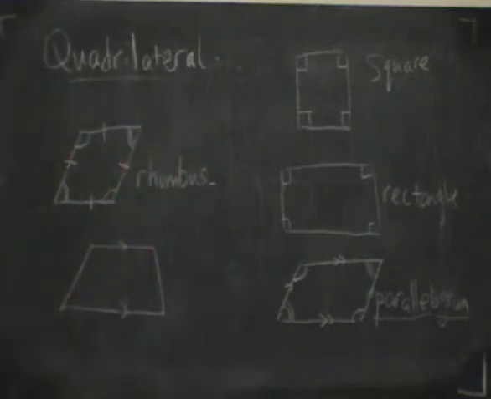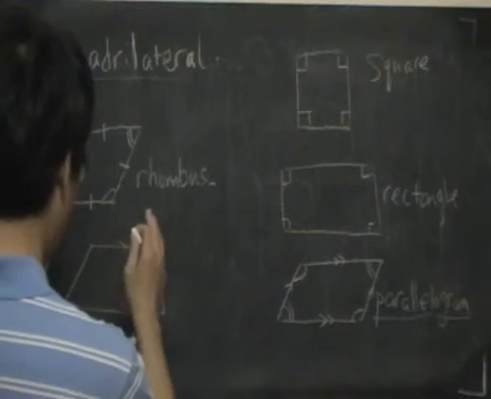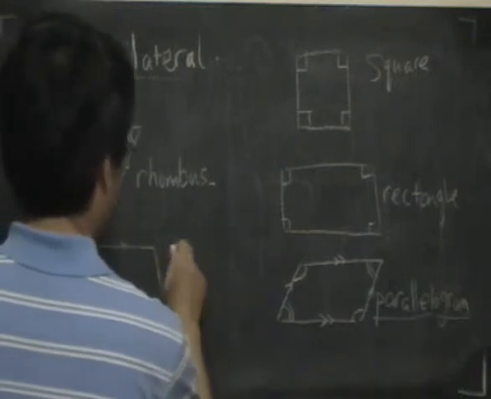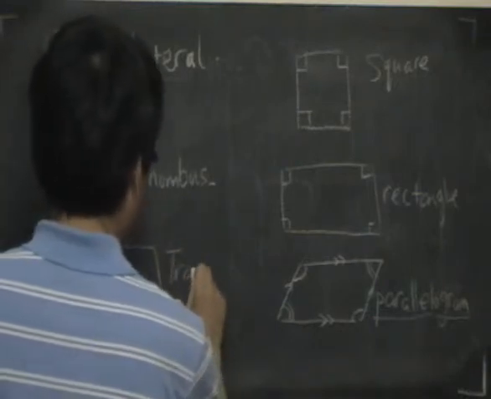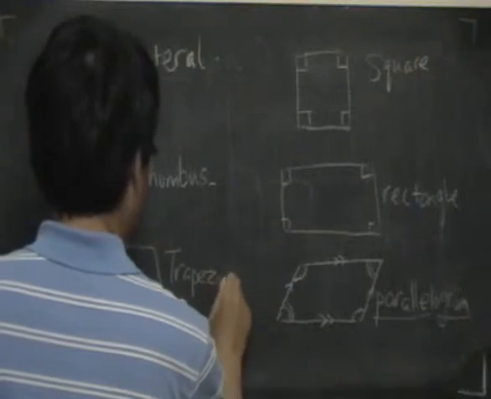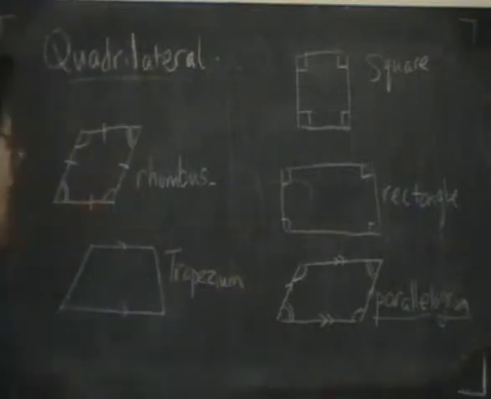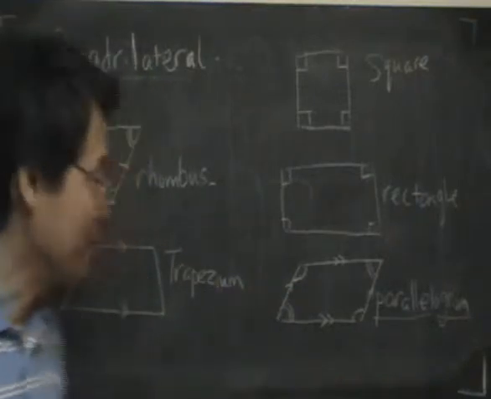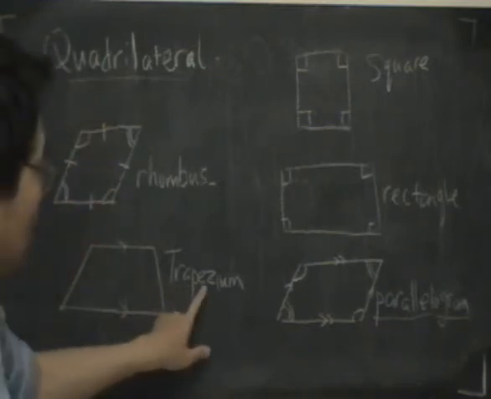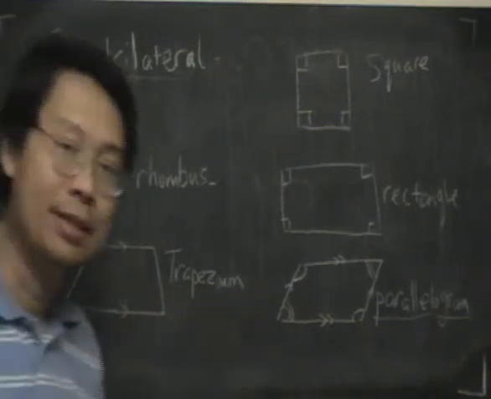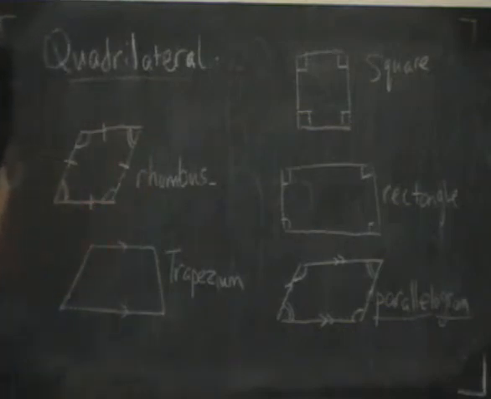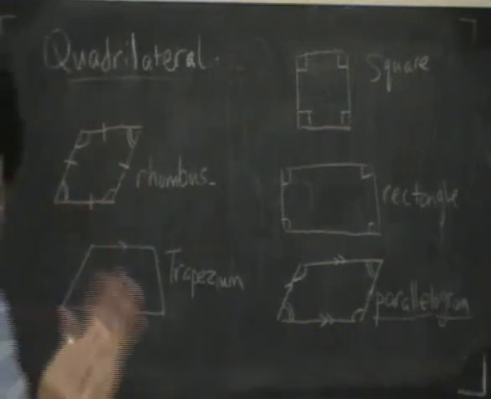Such a figure has a name. It is called a trapezium. T-R-A-P-E-Z-I-U-M. A trapezium. So that's that.